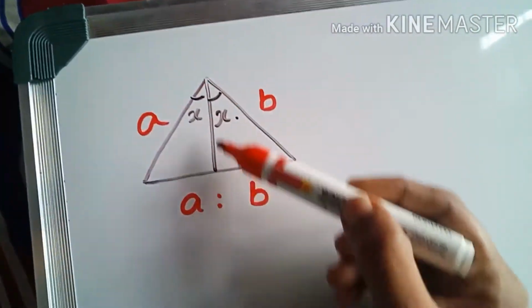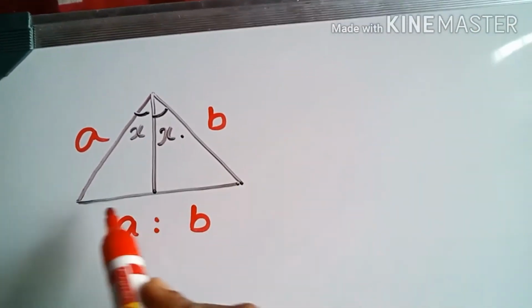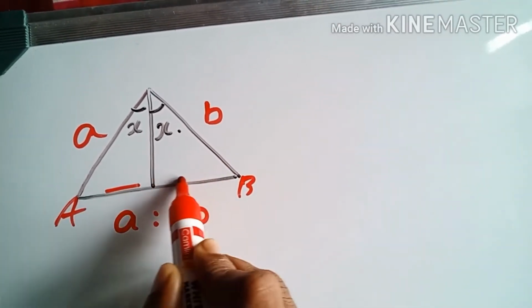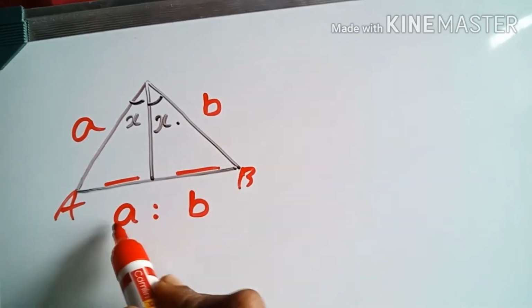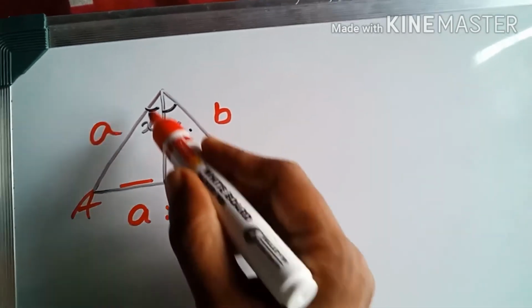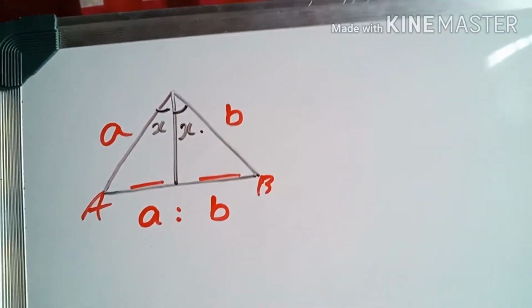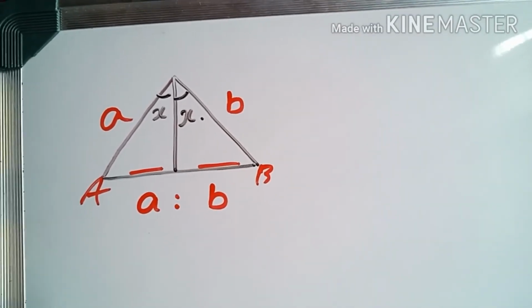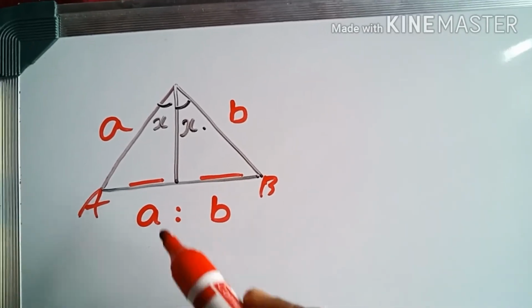That means this is the bisector. This bisector divides this base AB into two parts. This is the first part, this is the second part. These two parts' ratio and the sides of this angle's ratio will be the same. We already learned that in the previous section. So we can apply this concept here.